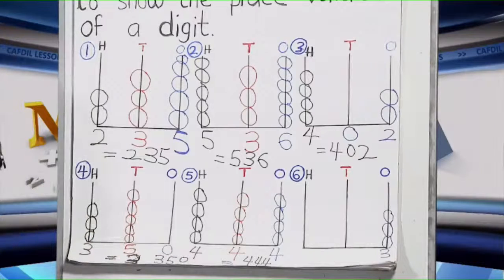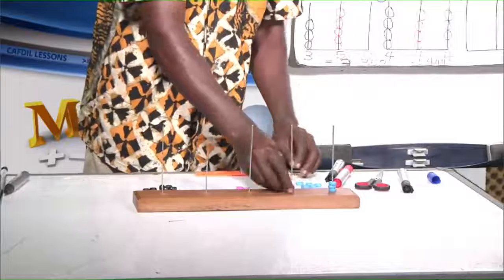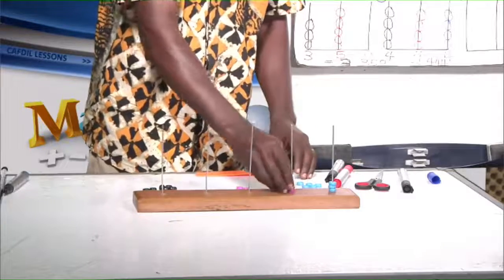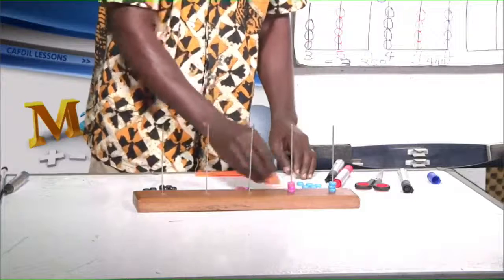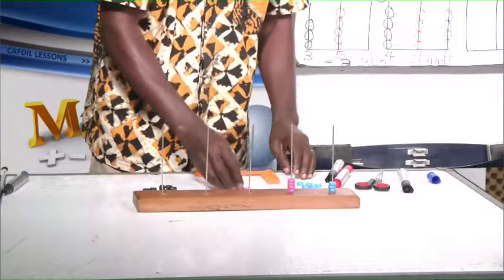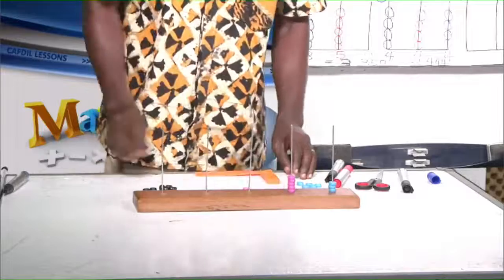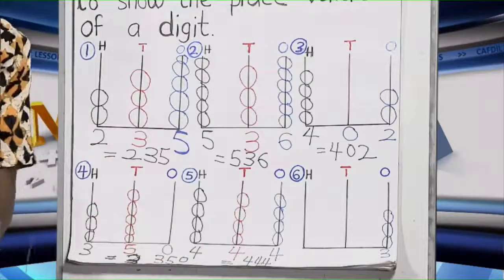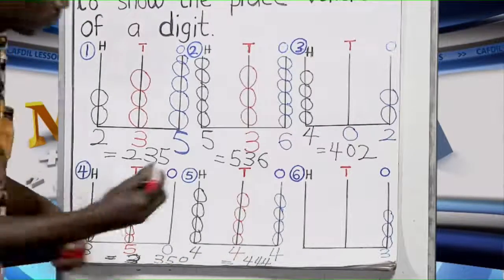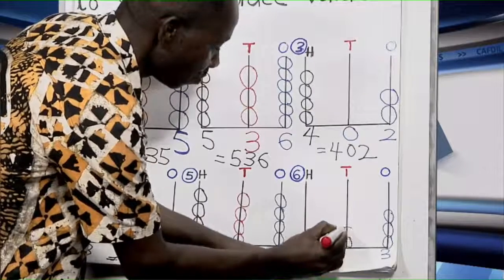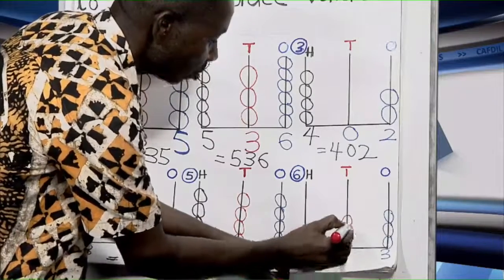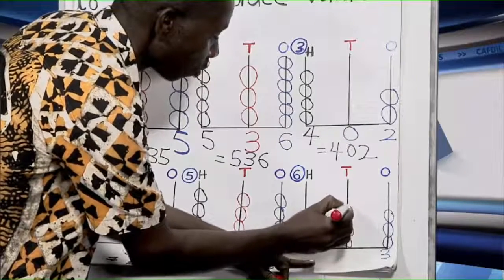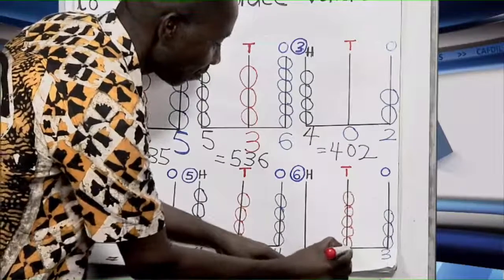Let's come to the tens column. 1, 2, 3, 4, 5. So I have 5. Under the tens column, I have 5. 1, 2, 3, 4, 5.